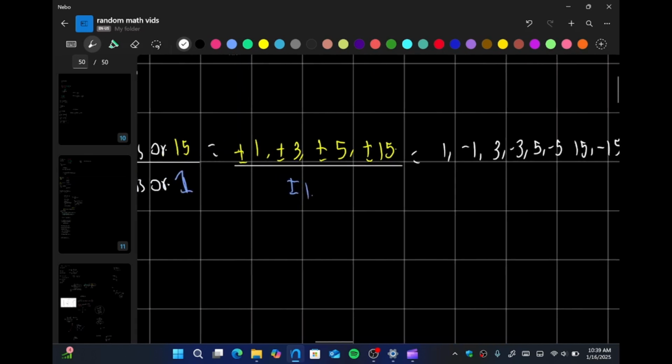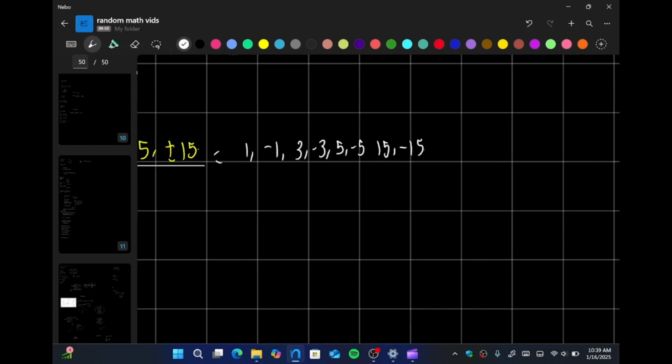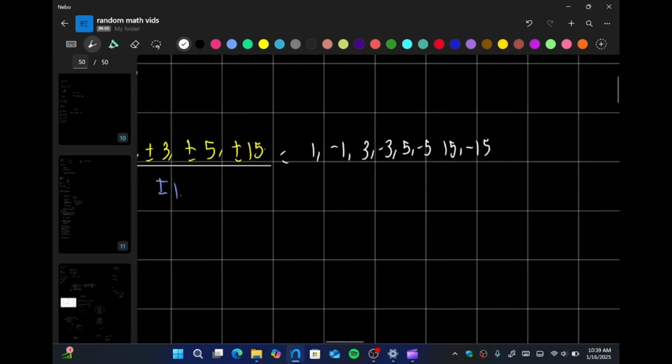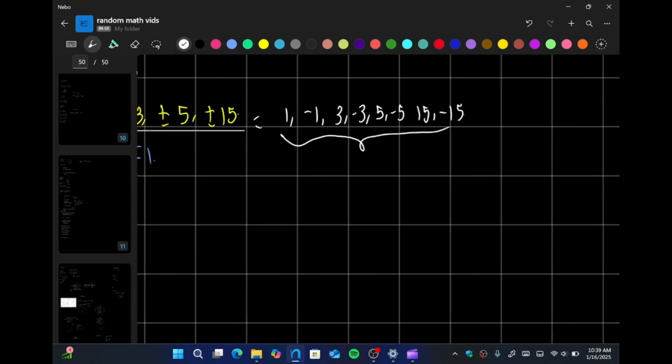You're literally making each of them: 1 over 1, 1 over negative 1, 3 over 1, 3 over negative 1, and so on. That gives you the possible roots. Now we're going to test them using synthetic division.